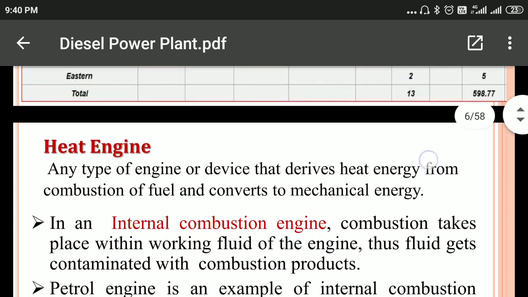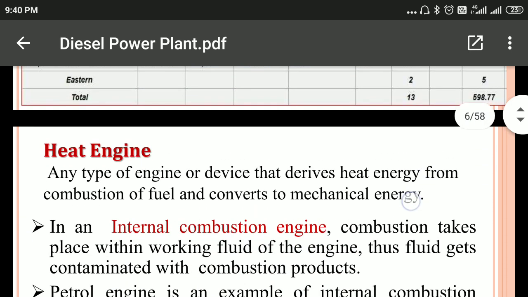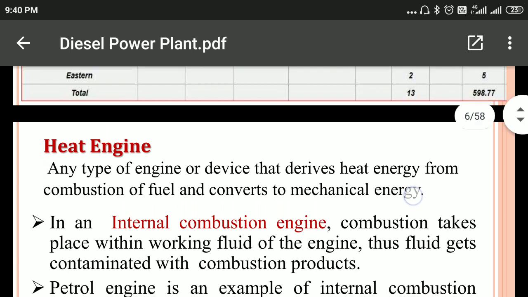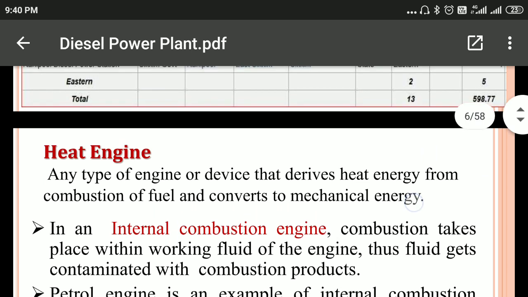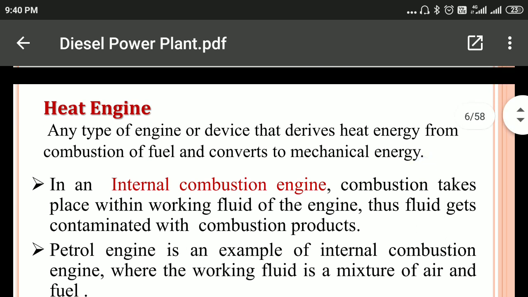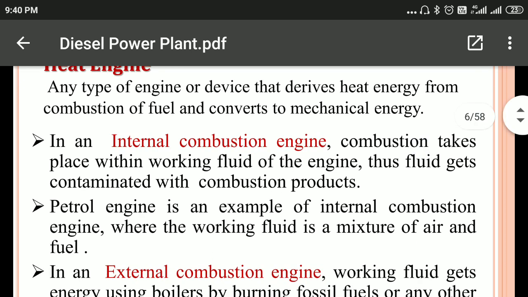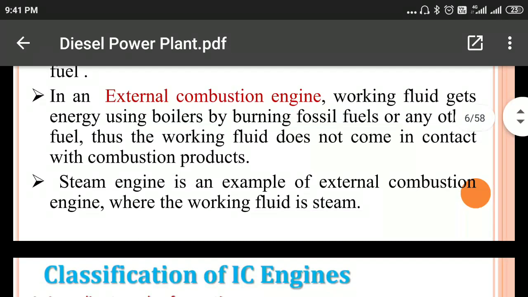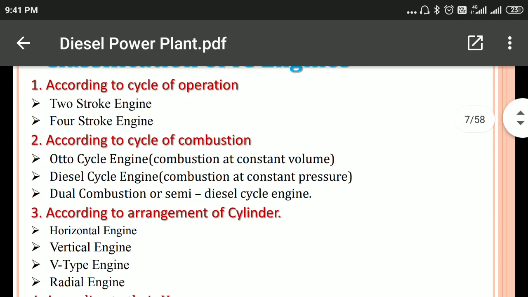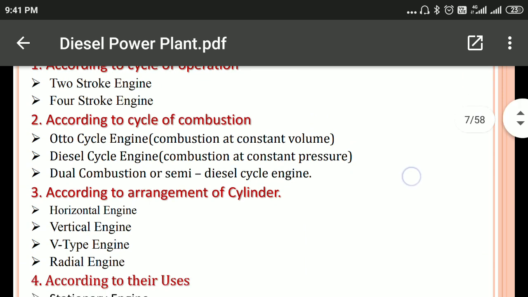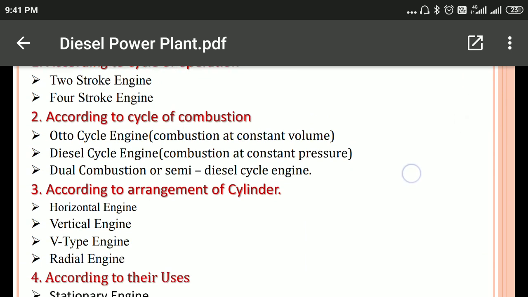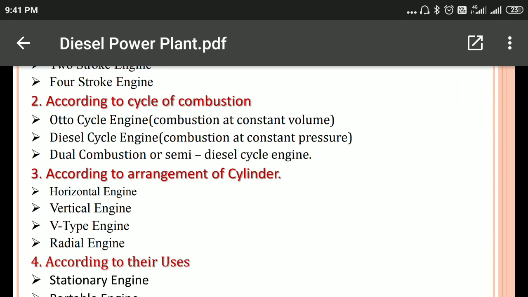Basically, the diesel engine, which is the main part of a diesel power plant, comes under the heat engine. It is a type of heat engine that derives heat energy from the combustion of fuel and converts it into mechanical energy, and after that, that mechanical energy is converted into electrical energy using the generator. It comes under the type of internal combustion engine, and it is a four stroke engine working on the diesel cycle, that is, combustion, meaning heat addition, at constant pressure takes place.